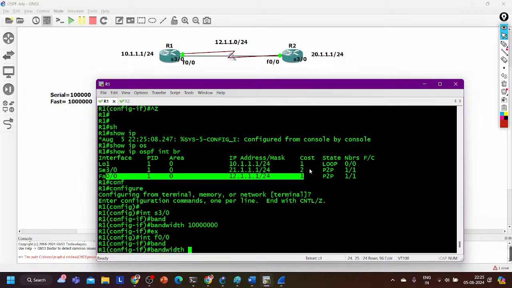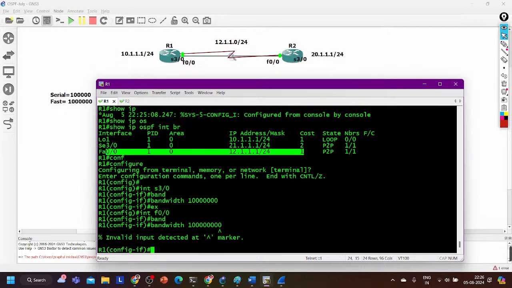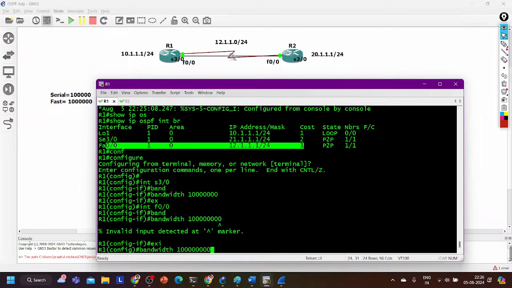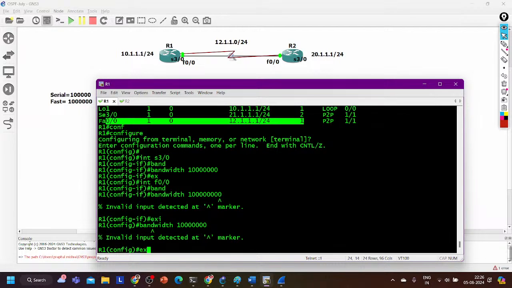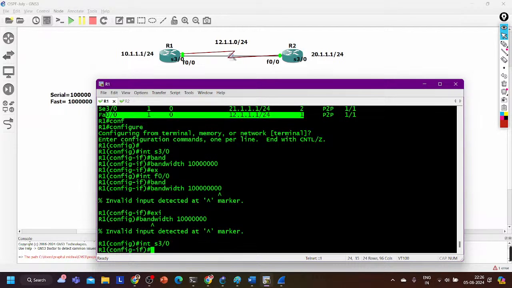That's why it is calculating different cost. But here I am going to set 12345678. Okay, leave it. Here on the serial link also I am going to set the reference bandwidth. Sorry, serial 3/0, and let me remove this bandwidth command.